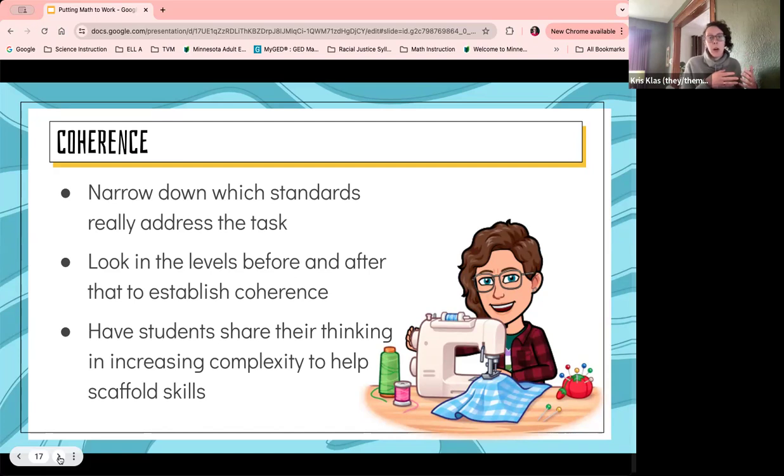So students who were maybe using repeated addition, having them explain how they solved the problem first, and then following up with a student who knows how to use multiplication to take a shortcut from that repeated addition, and continuing to have students share their work and their approach to problem solving in a scaffolded way so that everybody gets that little nudge up a level by seeing somebody else work. But then also we can see, where did this thinking start from?